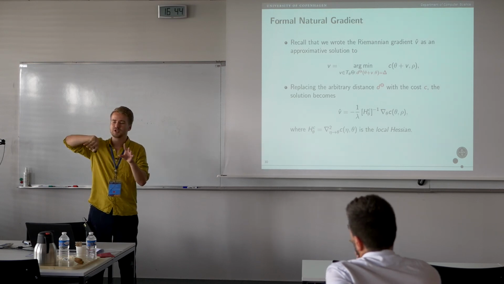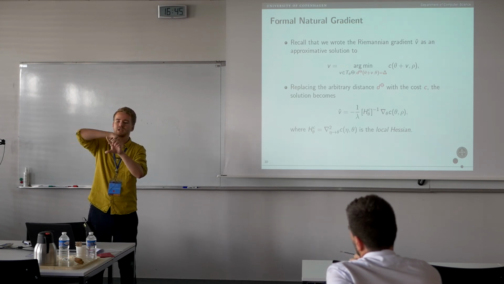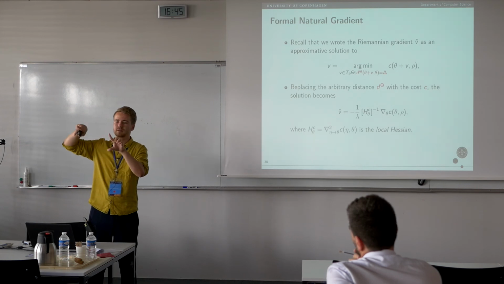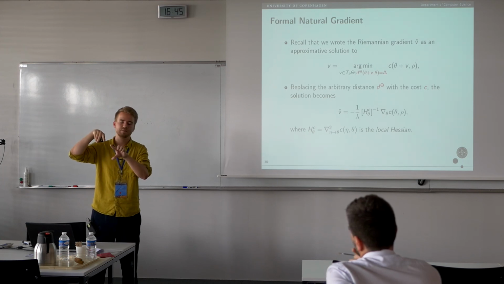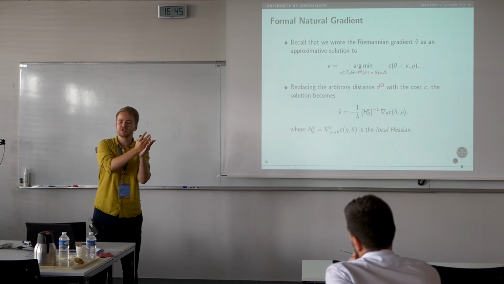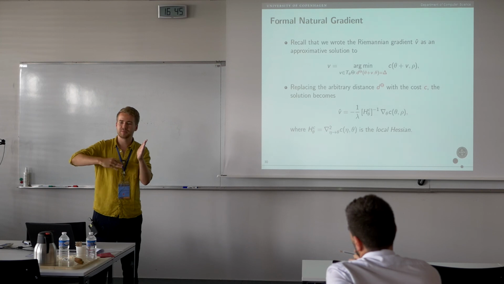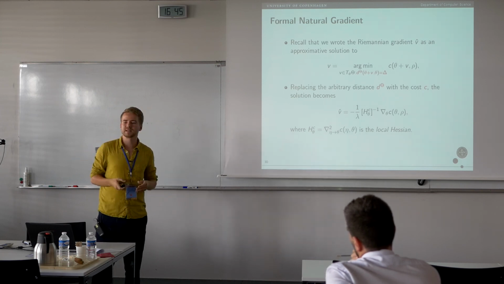So no matter what kind of parameterization you have, you're still working in the same set, and you still find the same minimum for that optimization problem. So of course the representation will be different based on the parameterization you're using, but the actual direction will be the same.